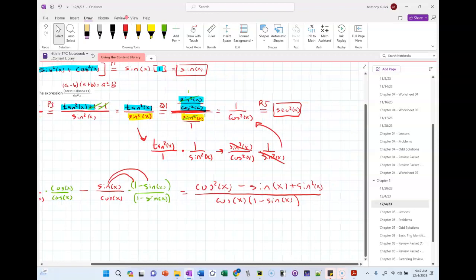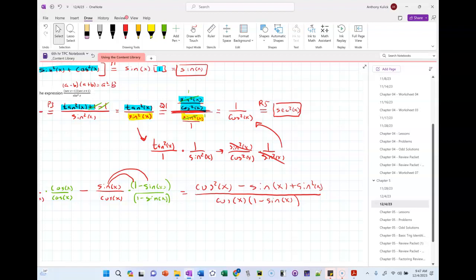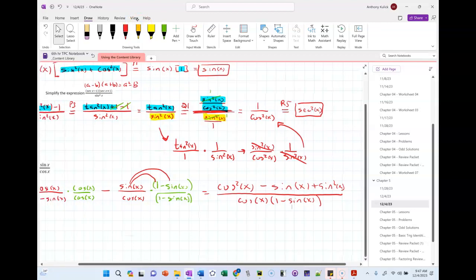Is everybody okay with how we've gotten to here? And the decisions that I've made along the way simplifying. Luca, why did you multiply by 1 minus sine x for the sine x over cosine x? Like, I know you're trying to find a common denominator.